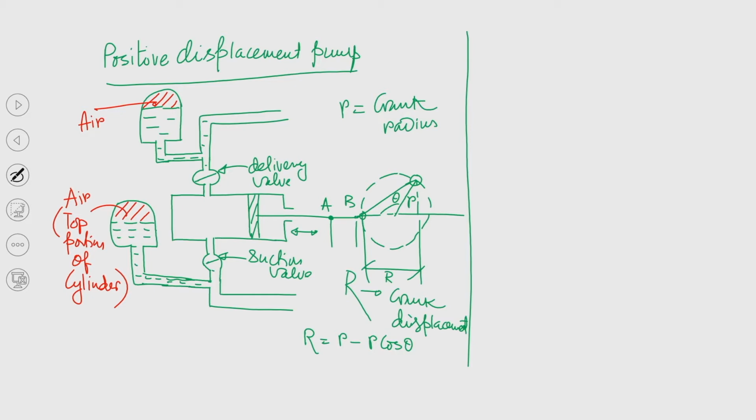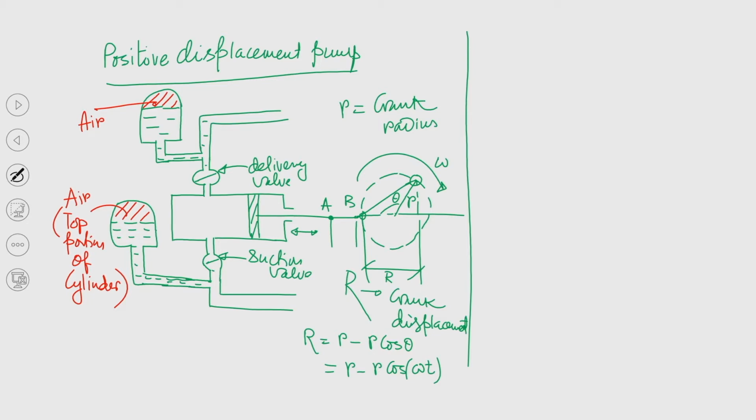If the crank is rotating at an angular velocity omega, and the time taken for the piston to move from position A to position B is t, then this is nothing but r minus r cos omega t.